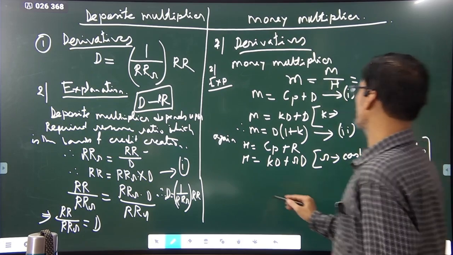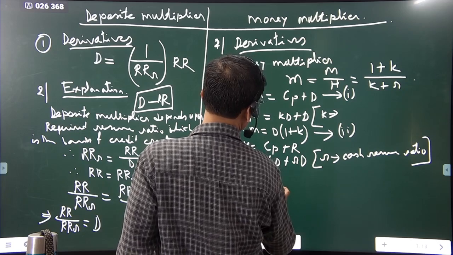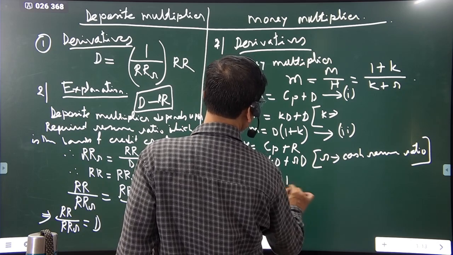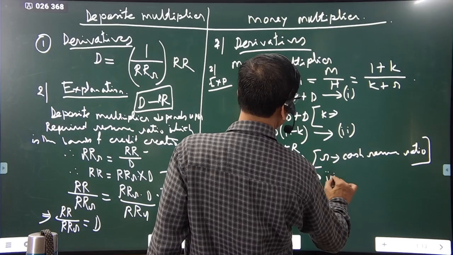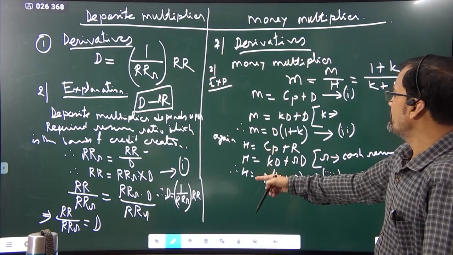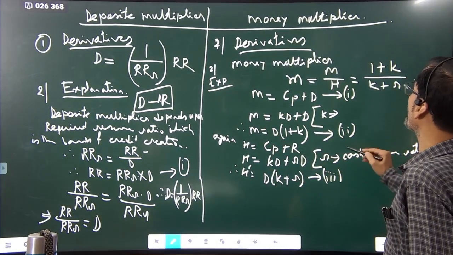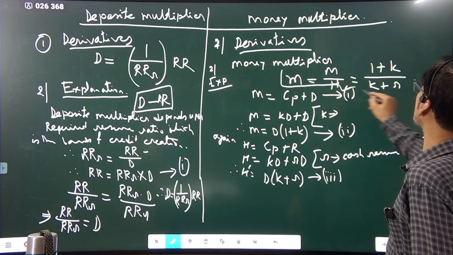Therefore we will get H is equal to D(K plus R). Now we can put the values of M and H in these equations.